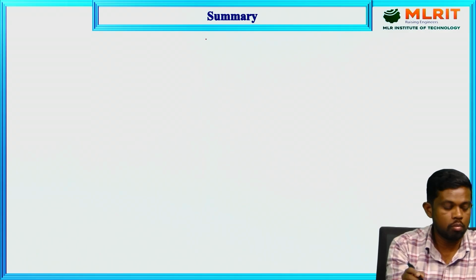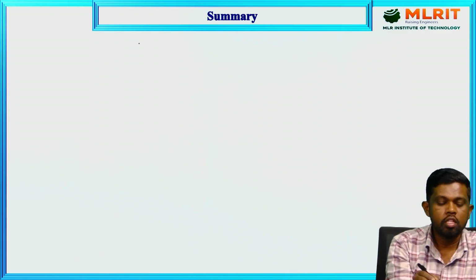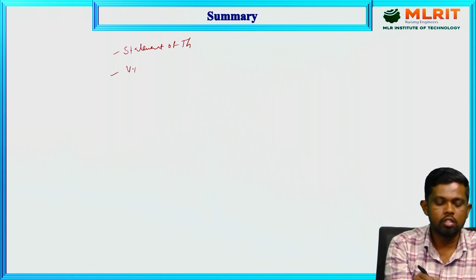Summary of this session: in this session we have discussed the statement of Thevenin's theorem, how to get the VTH of the circuit, and how to get the RTH of the circuit.